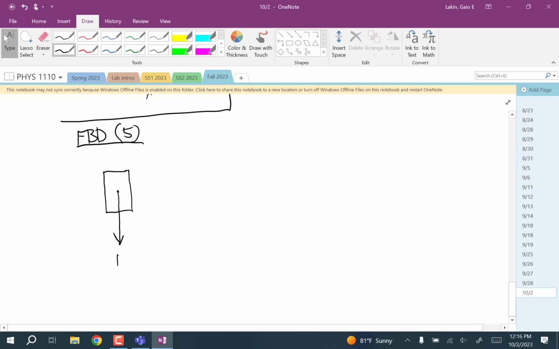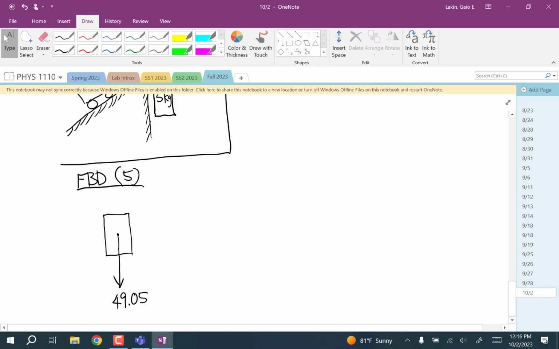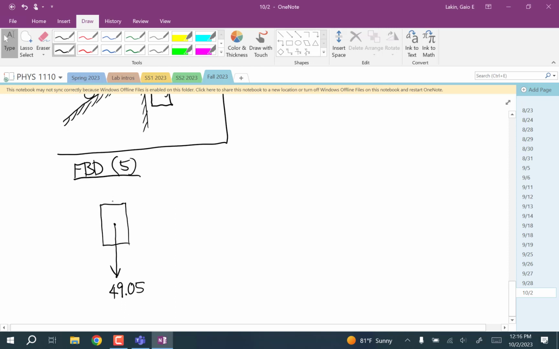So that's 49.05 newtons. And now mentally go around the boundary and look for where the surroundings make contact with this. The only place is the cable. So that's a pulling force, and that means that the force is going to be parallel to the cable, away from the body. And I'll call that T.